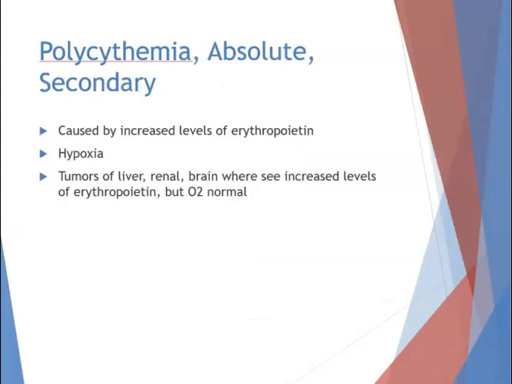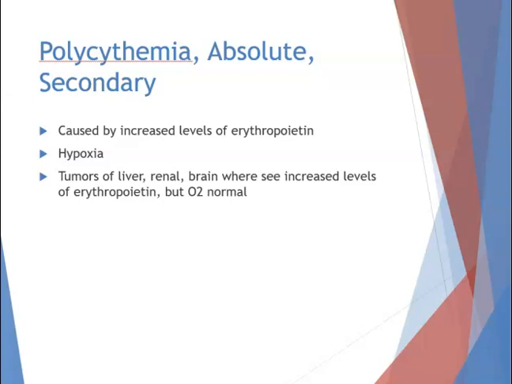Okay, on the last few slides we've been talking about primary absolute polycythemia and talking about polycythemia vera, but now we need to cover absolute polycythemia secondary, and this is where there's an overproduction of cells secondary to a condition outside of the bone marrow.